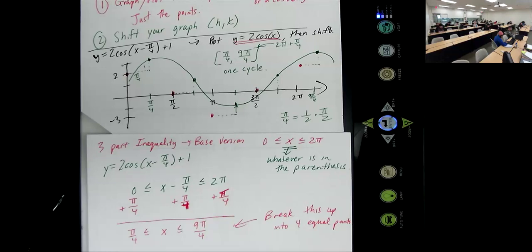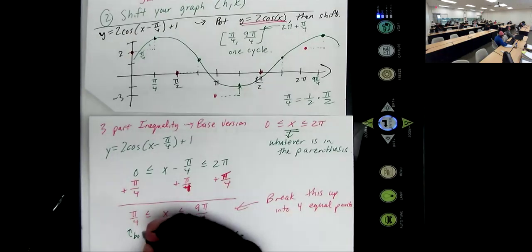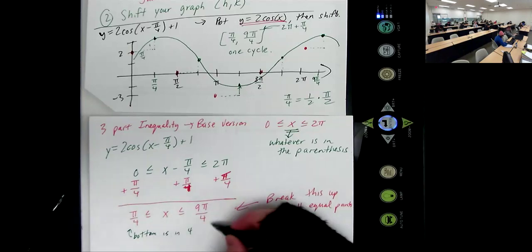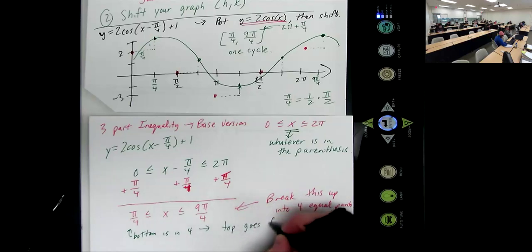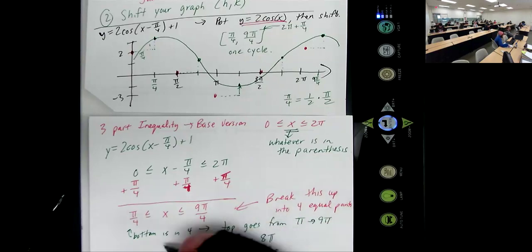In this case, it's not too bad because the bottom is in terms of 4. So I just gotta figure out how far apart the top is. Bottom is in 4. The top goes from pi to 9 pi. So if I do 9 pi minus pi, the difference is 8 pi.